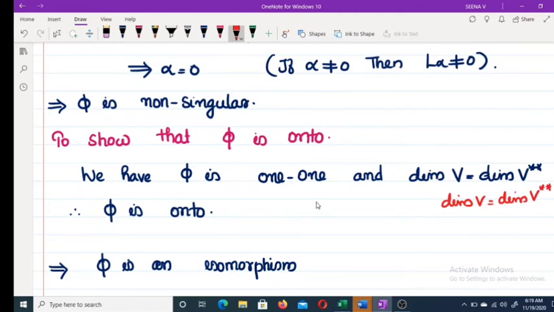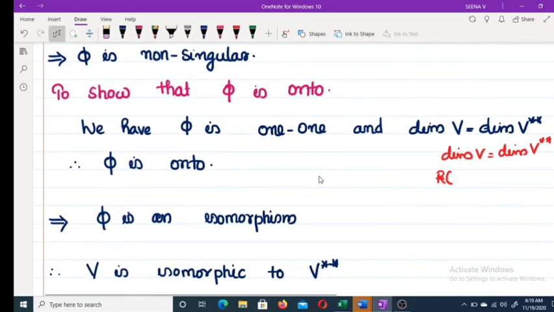That is the range set. What is the dimension of the range? If you consider this, phi is a map from V to V double star. Therefore phi of V is completely contained in V double star.